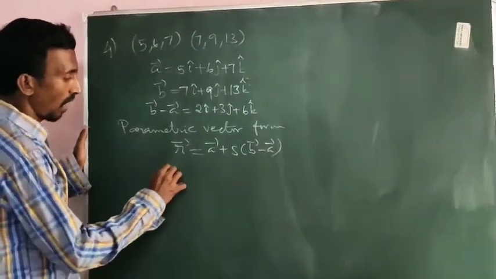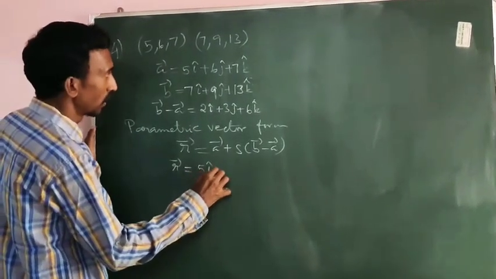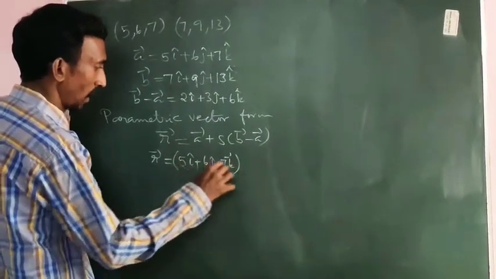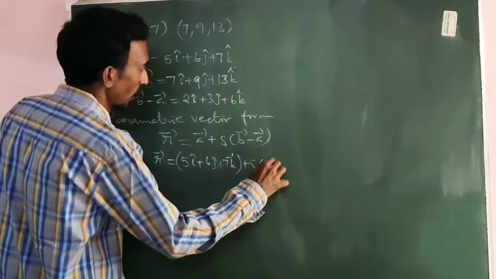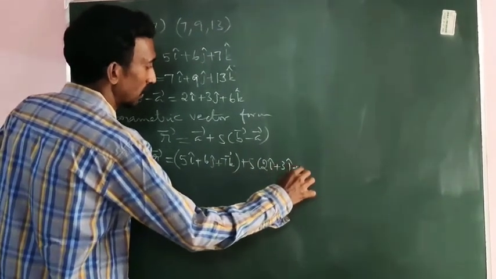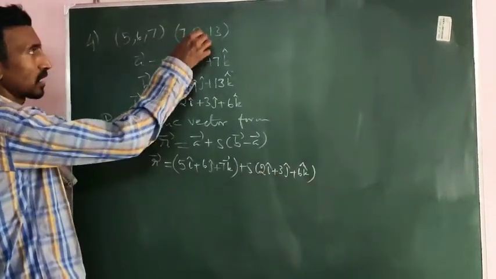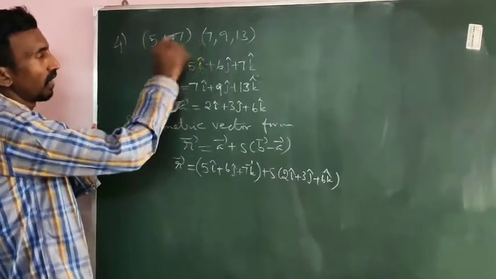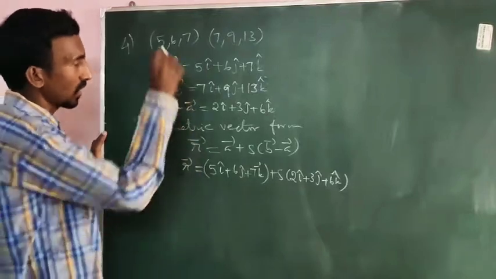So r vector equals the first one, a vector 5i plus 6j plus 7k, plus s into b minus a, which we already found as 2i plus 3j plus 6k. If you want, you can take this one as a vector and the first one as b vector, no problem. If you interchange, there is nothing wrong in the answer.